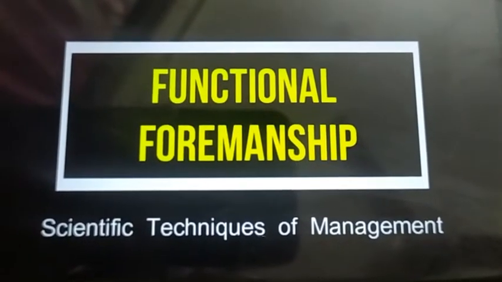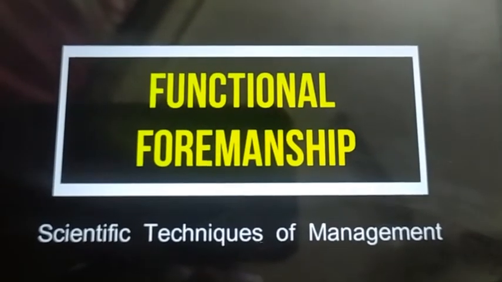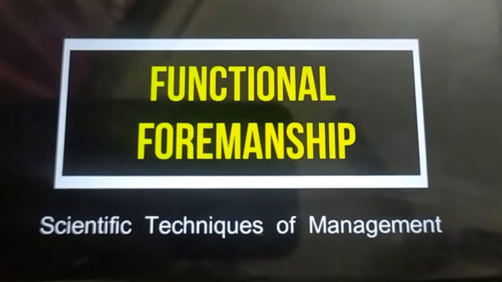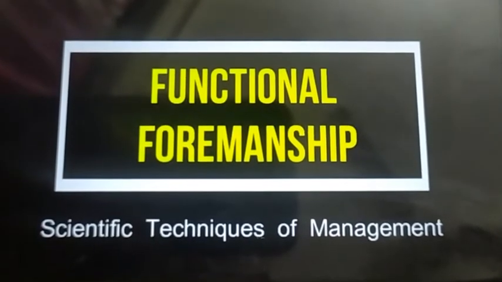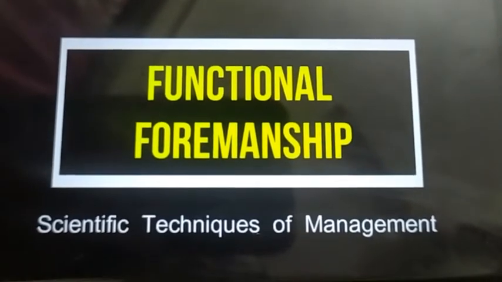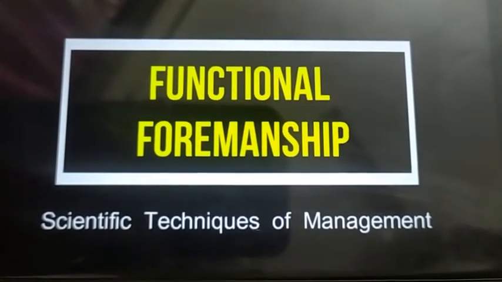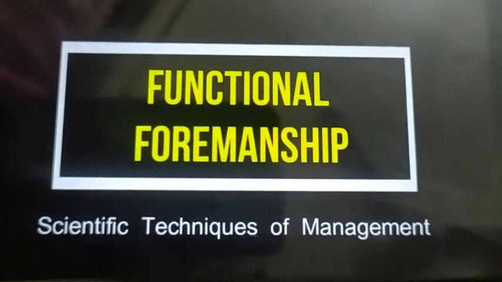What Taylor proposed is that the operations of the factory should be divided into 2 departments, because the planning for the factory should not be made by just one person, it should be held by different groups of people.